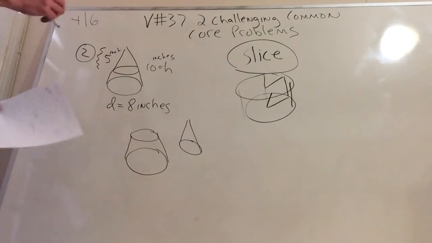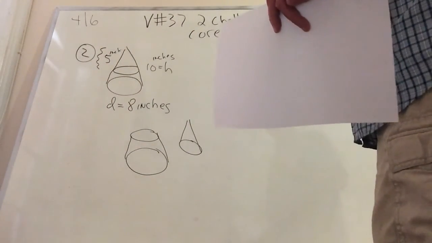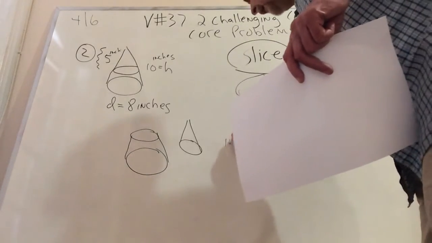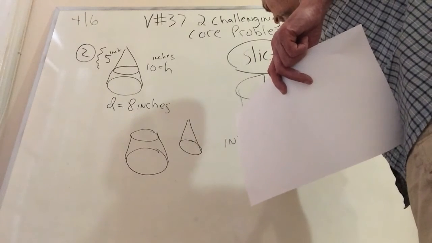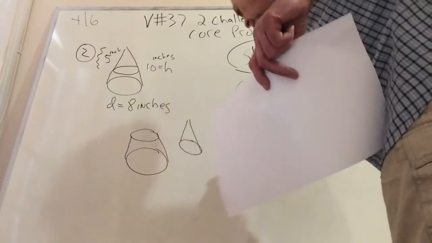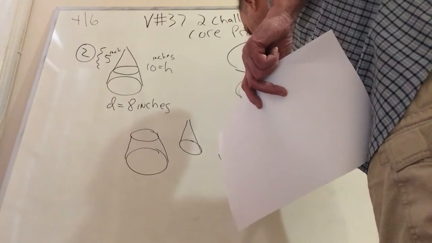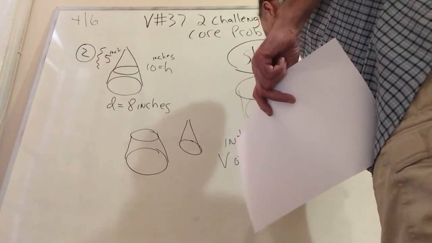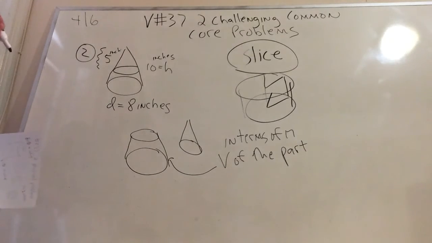And there'd be 2 questions here again. Question number 1 would be, what, in terms of pi, is the volume of the lower part? That's this part right here. The volume of the lower part. And that's number one, of course.